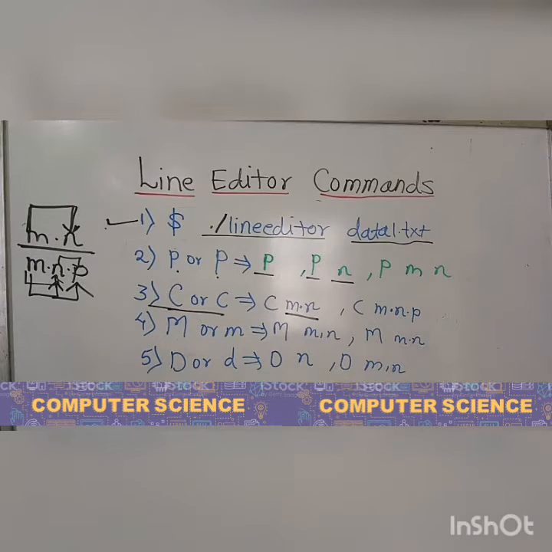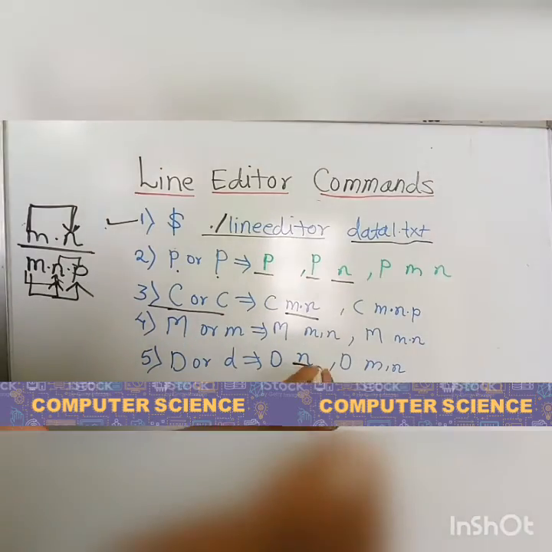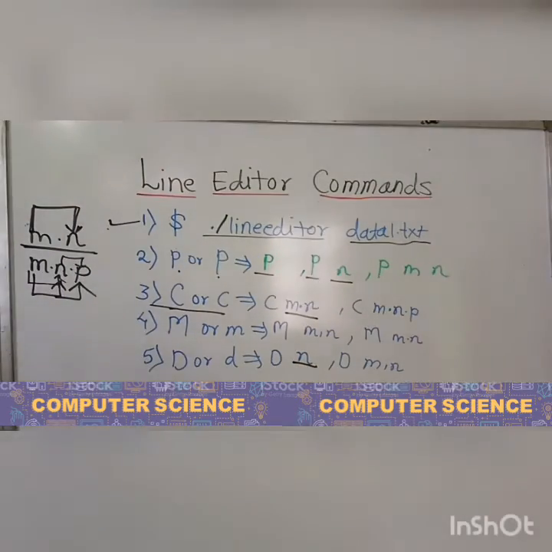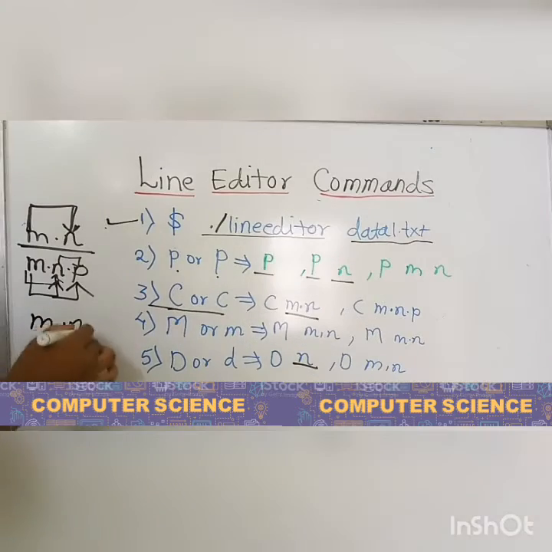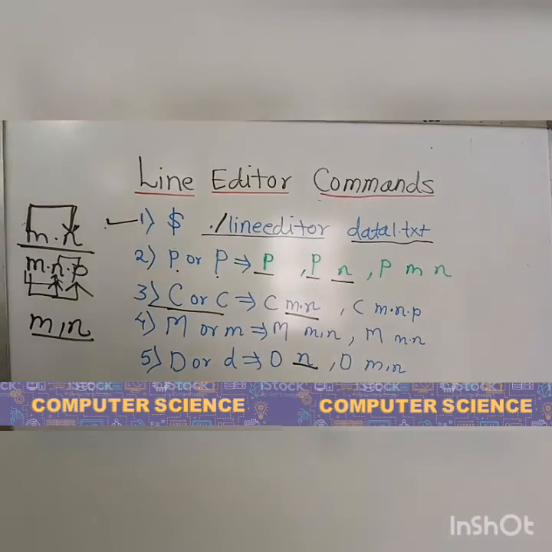Capital D or small d is the function used to delete lines from any specific file. Dn indicates the specific nth line of our file, and m comma n deletes the lines from m to n.